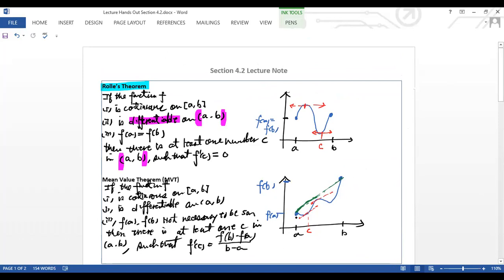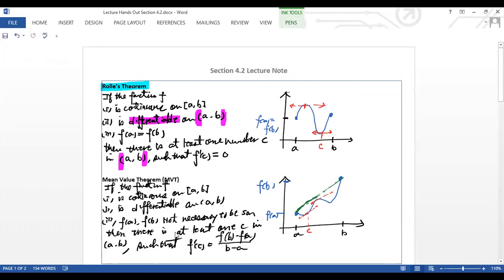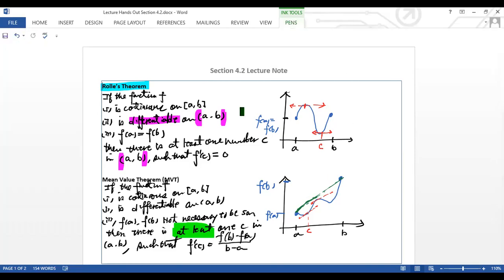This is my green line. And then it says you can always find at least one point, that means you can have more than one. If you take the tangent line there, it will give you the same slope as this green line here.